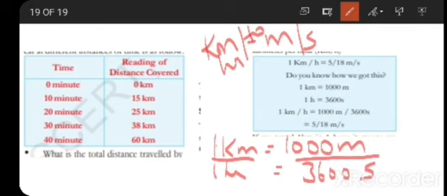Now if you cancel out, you will get 5 by 18 meter per second.